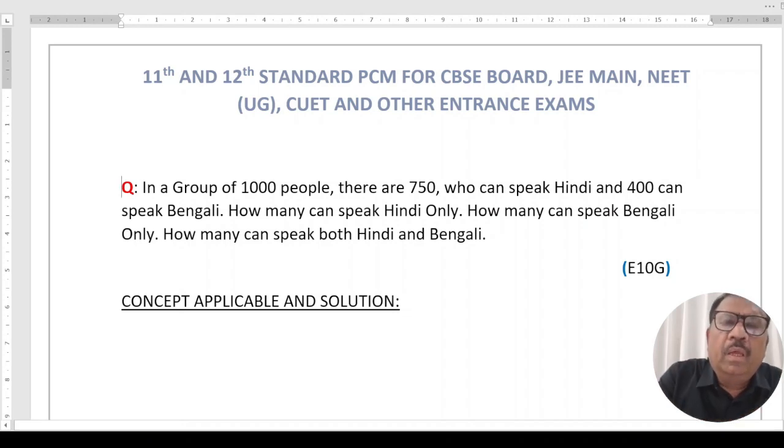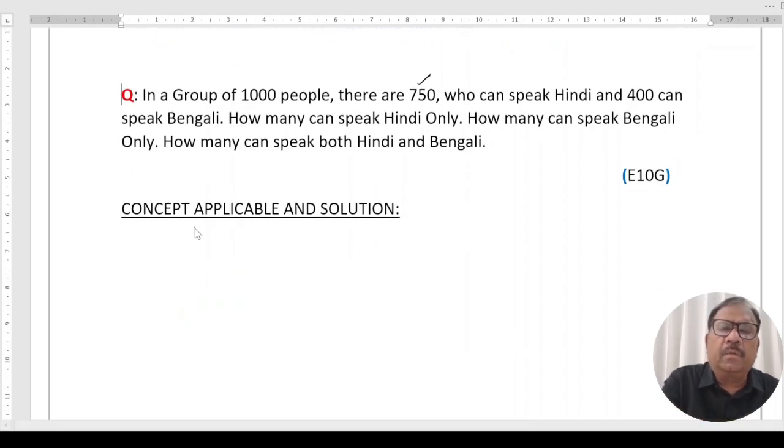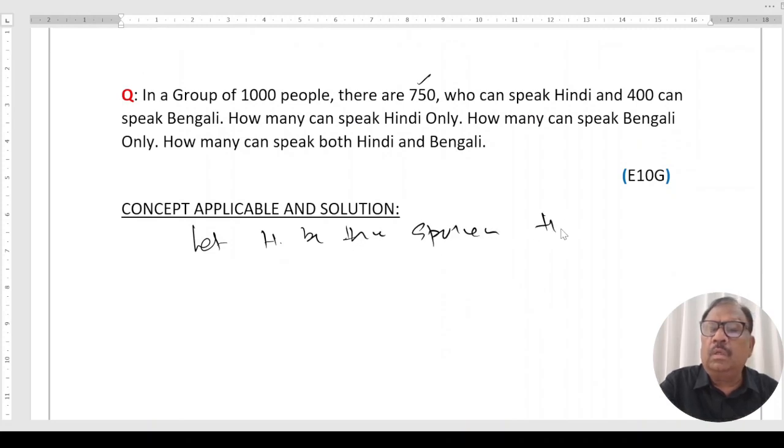Question is, in a group of 1000 people, 750 can speak Hindi and 400 can speak Bengali. How many can speak Hindi only? How many can speak Bengali only? How many can speak both Hindi and Bengali? Now in this case, let H be the set of people who speak Hindi and B be the set of people who speak Bengali.